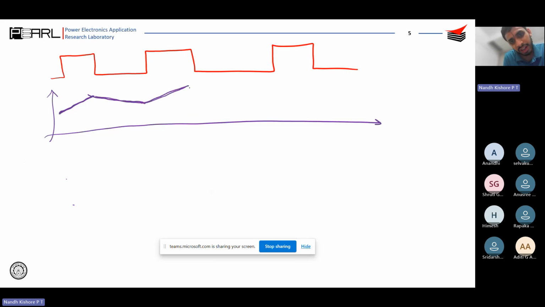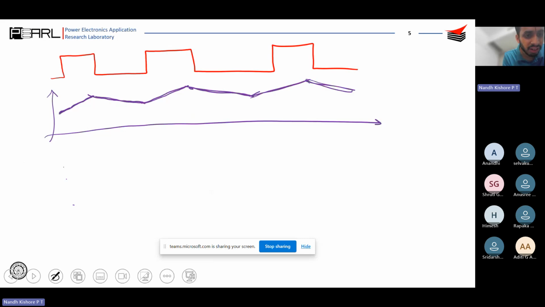This is the charging interval and this is the discharging interval, correct? This slope is basically Vin minus Vo over L, di/dt, and this is minus Vo over L. This is for a buck converter, and this is your inductor current.